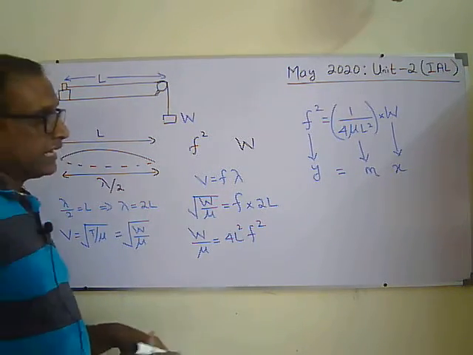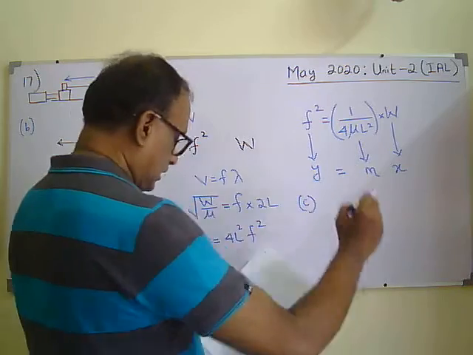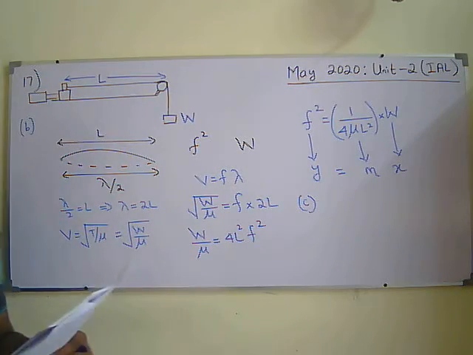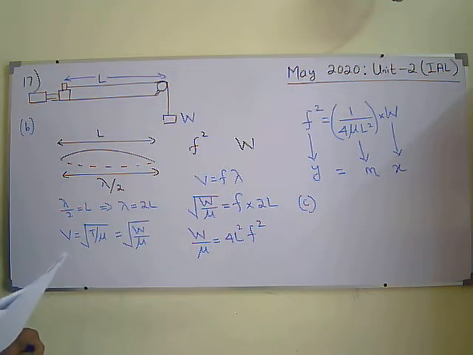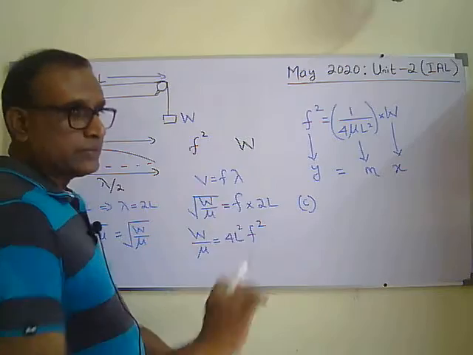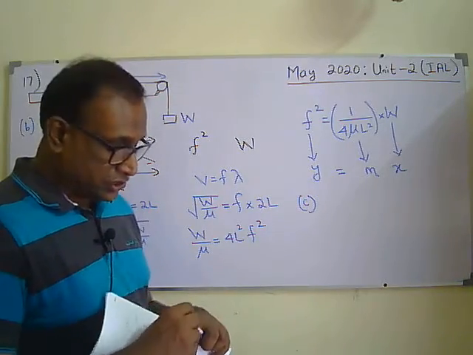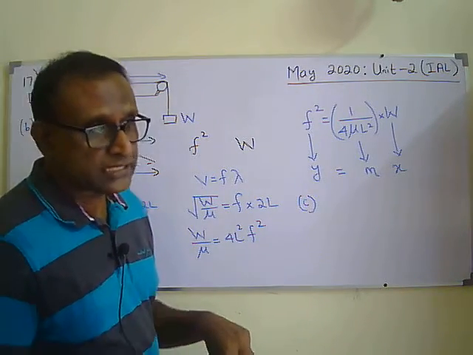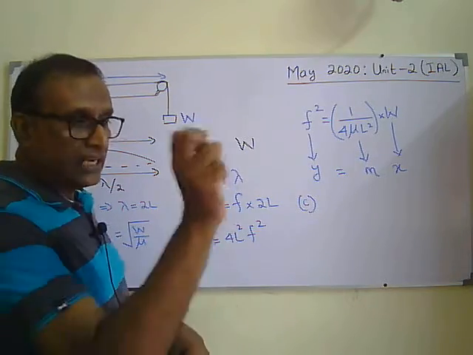Okay, C part, they are asking to describe a method that can be used to confirm that the frequency values stated on the signal generator are correct. Okay, normally a signal generator has a display that shows the frequency of the output signal. How can you check that value is correct?